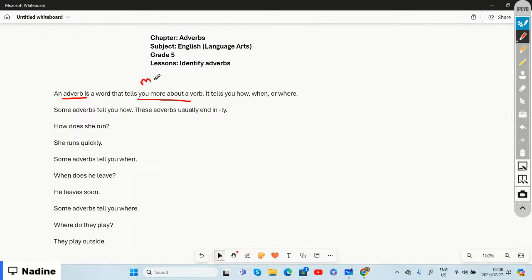We can either say it modifies the verb, or we can say describes the verb. And we say that adverbs, they tell us how, when, where. And the adverbs that tell you how, these adverbs usually end in ly.